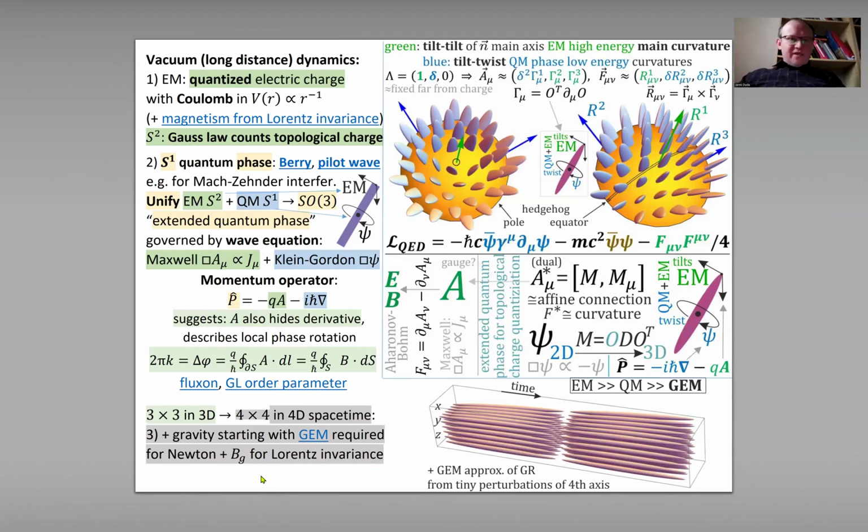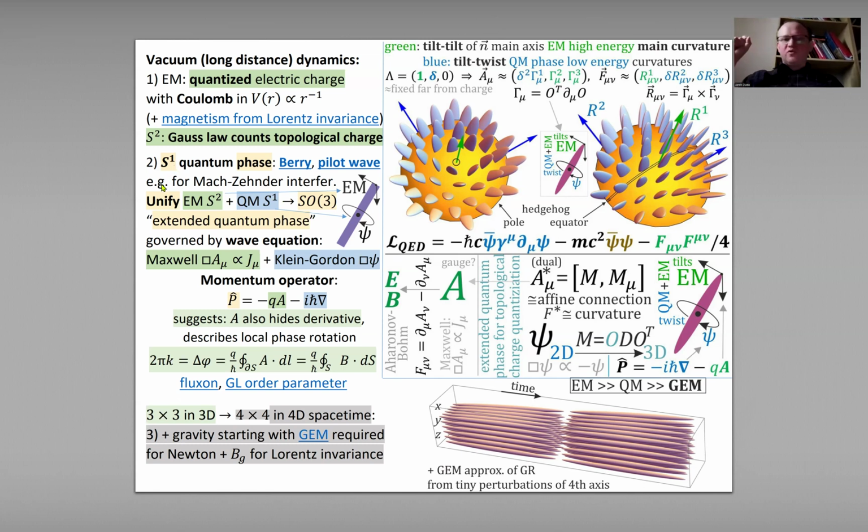Okay, so here is another view. We need this for Coulomb interaction for electromagnetism. We need this S2 vacuum, where we have these unitary vectors and they can make a sphere. But for quantum mechanics, we need an S1 vacuum. So we have this phase which rotates in one dimension.